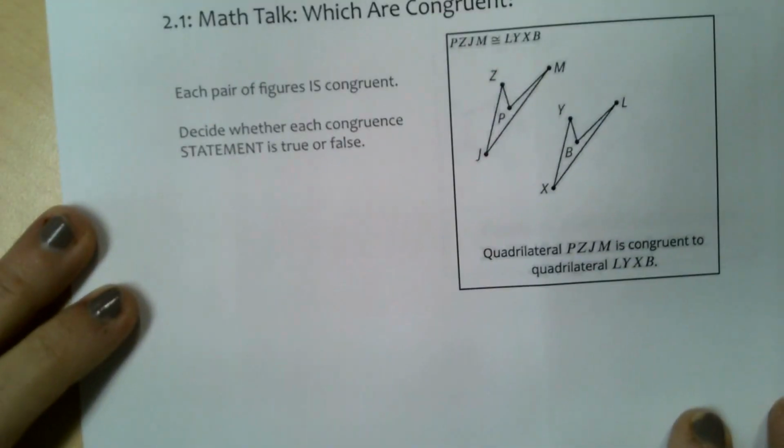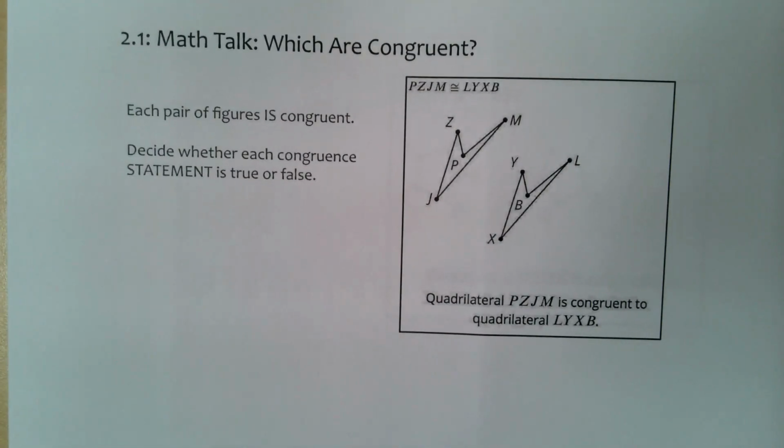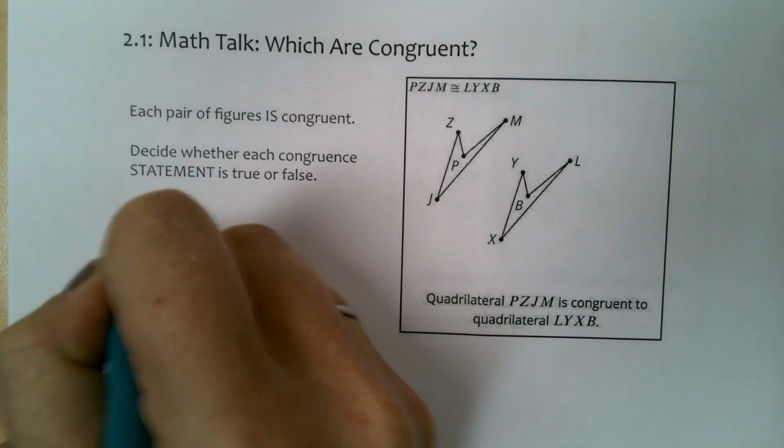All right. Next one, we're just going to call it a quadrilateral because it's a four-sided figure. It's kind of a weird four-sided figure, but quadrilateral PZJM is congruent to quadrilateral LYXB. So is that going in the correct order? Is that statement true or false? All right.